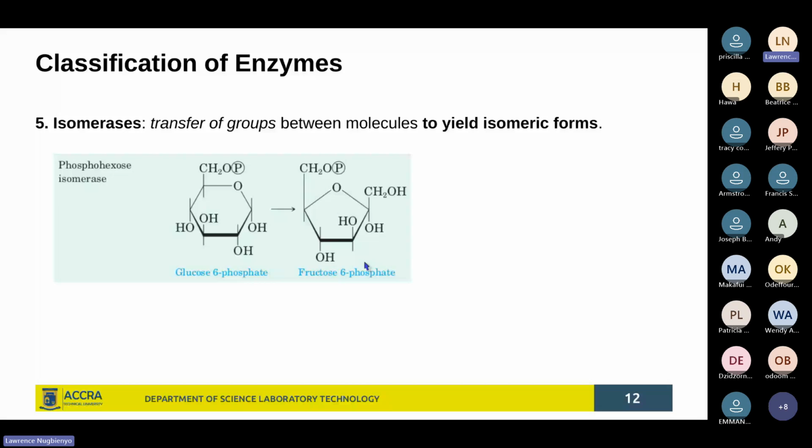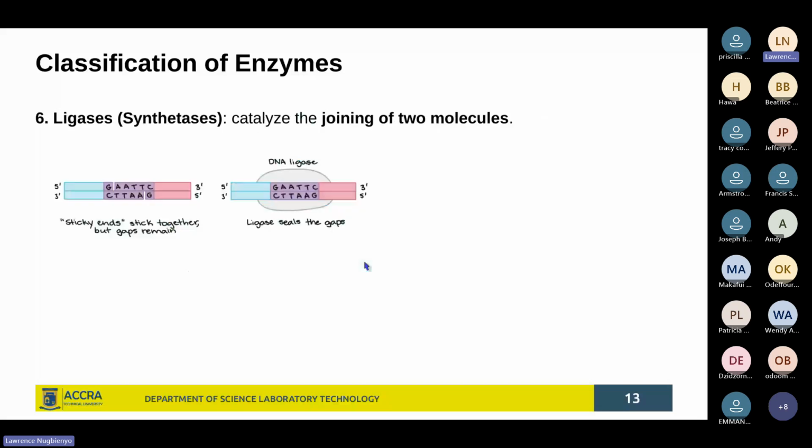And then the last one was ligases. One common process in which you have seen ligases was in DNA replication, that you have DNA molecules being reproduced, and after that, the nucleotides that come together to form a new nucleic acid strand are then joined together.